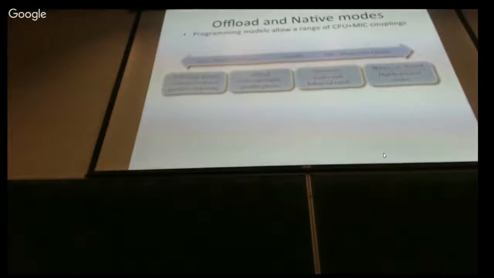Offload and native mode programming models allow a range of CPU plus MIC couplings. I think we've covered that. There's this symmetric mode. So yeah, that's an important point. You see the offload suits code with highly parallel phases. Someone mentioned to me earlier about code that has very sequential parts as well.